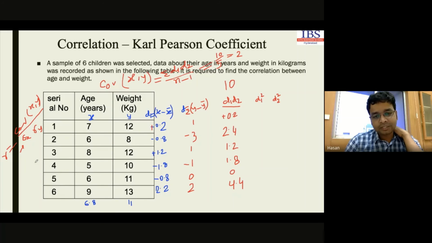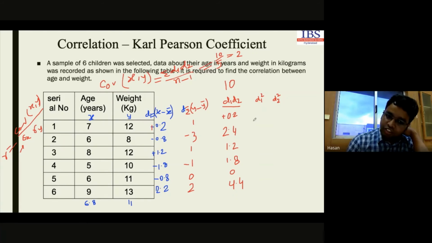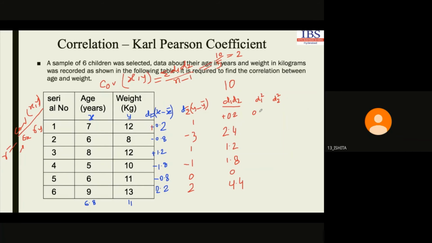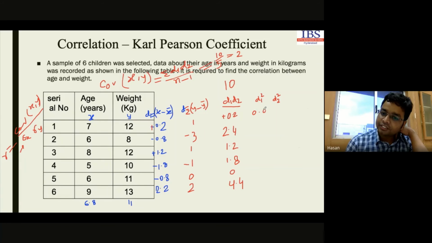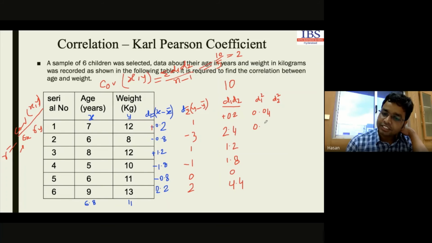D1 square and D2 square. What is the value here? 0.04, then 0.64, very good.